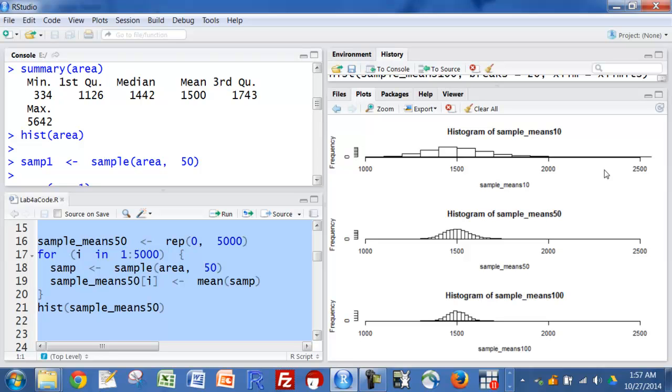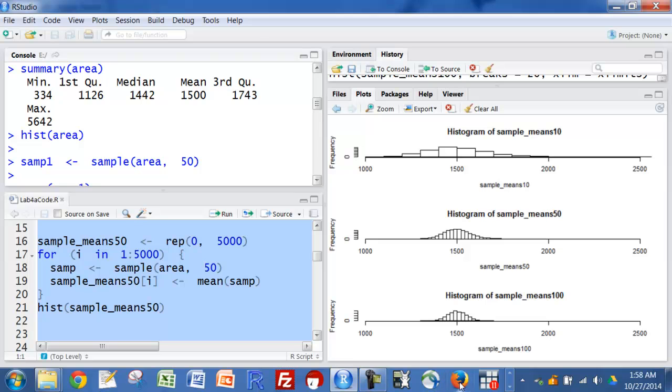Of course, if you don't have sigma, you would do s divided by the square root of n. But the point remains that as n gets larger, going in this case from 10 to 50 to 100, the center stays the same, mu x bar is equal to mu, and the standard error becomes narrower. Sigma x bar equals sigma divided by the square root of n. Just another demonstration of the central limit theorem.